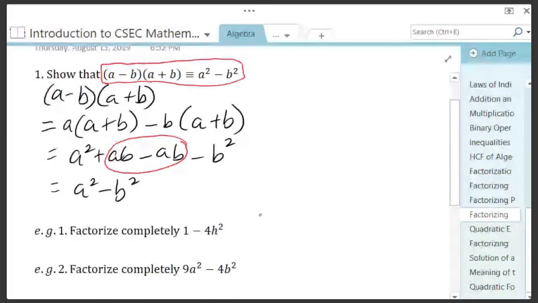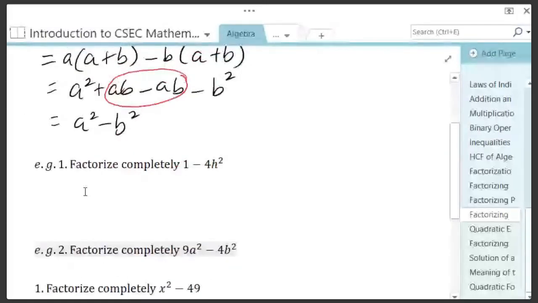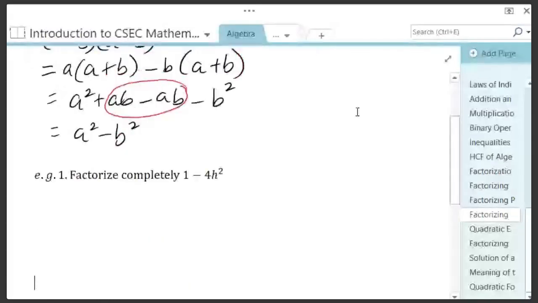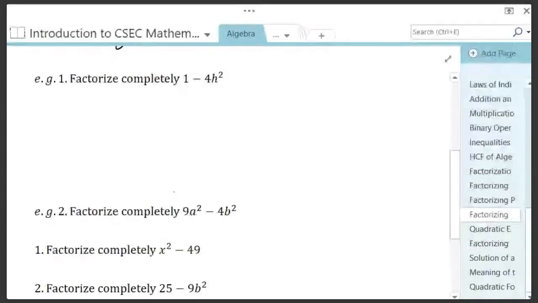So I'm going to do two examples here with factorizing difference of two squares. Now, this is a question that comes almost every year in CXC, in your CSEC mathematics exam. So you want to at least be able to do it. It is usually for 1 mark, but every mark counts.